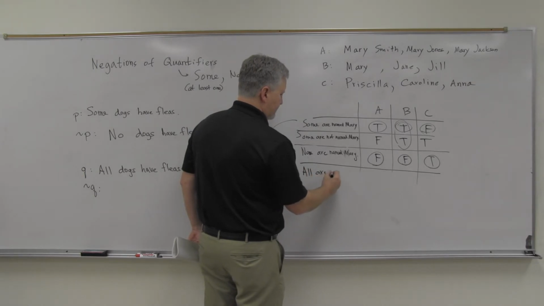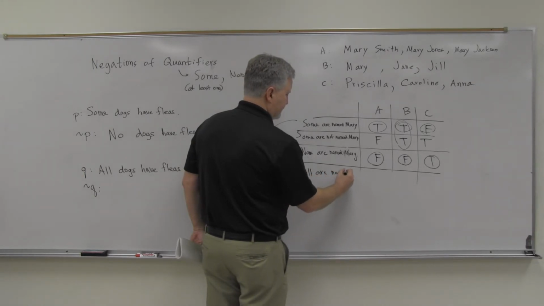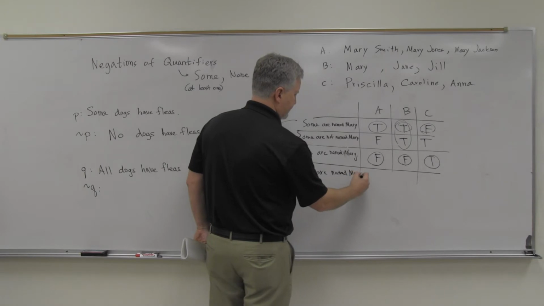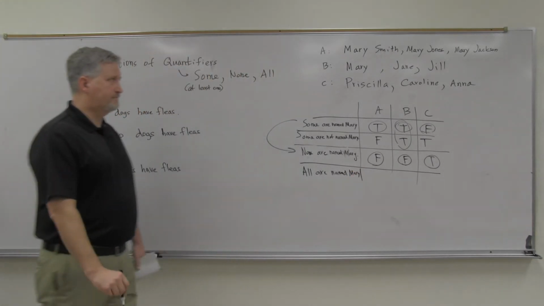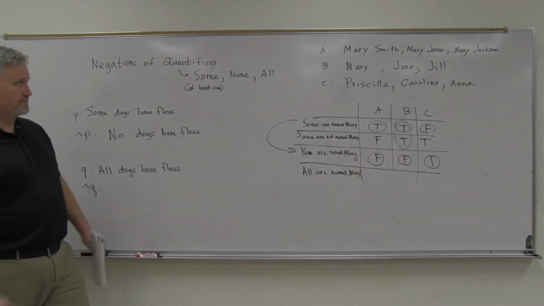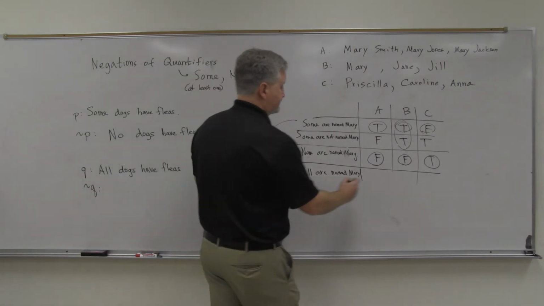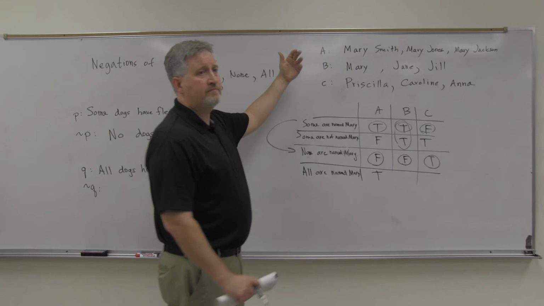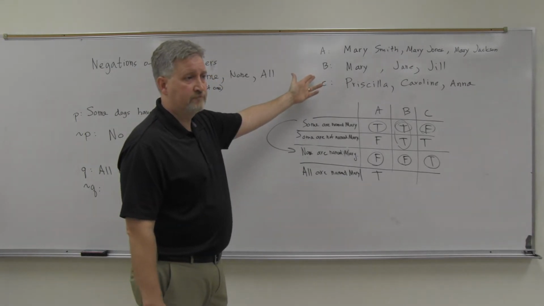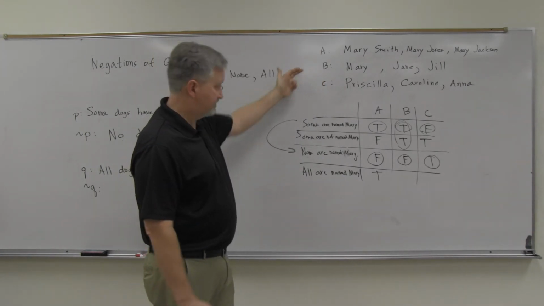Let's do the statement "all," since we haven't done it yet. This will be our last one on this little table. All are named Mary about the A, B, and C groups. All of them are named Mary in group A. That's true. In group B, true or false? That's false.